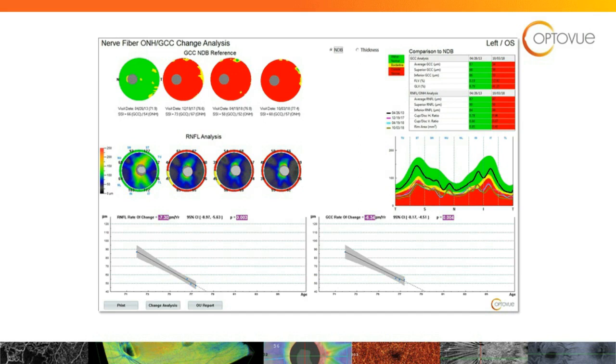You can actually choose within the software which scans you want. So you can exclude within the software the scans that you took before that treatment and compare it to scans after you take that treatment.